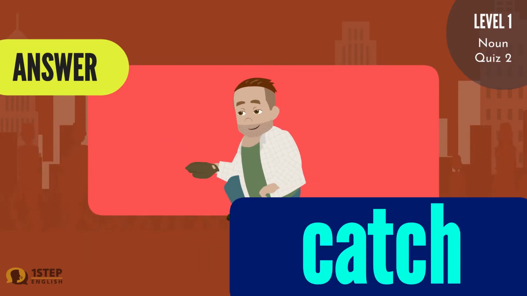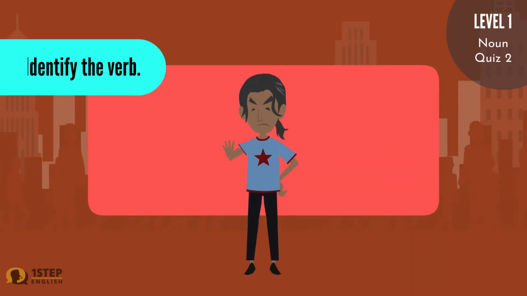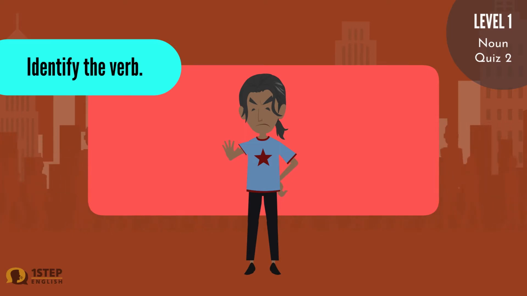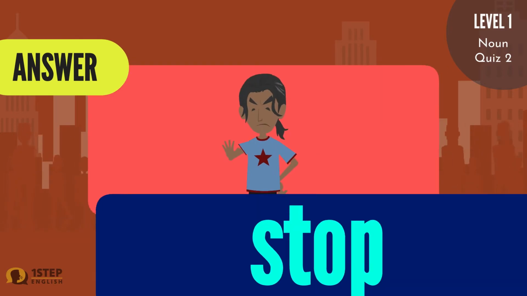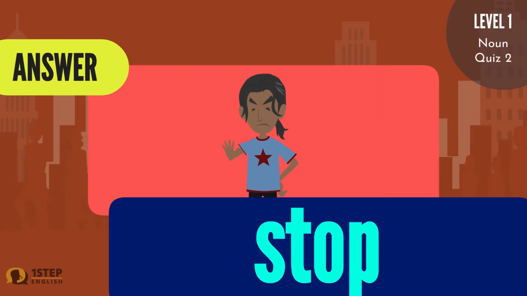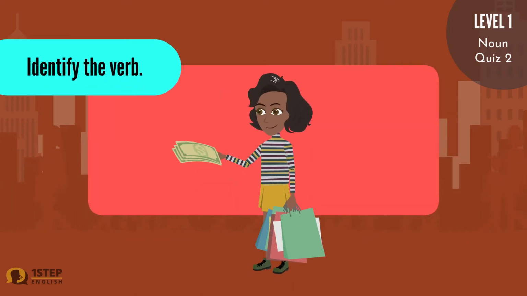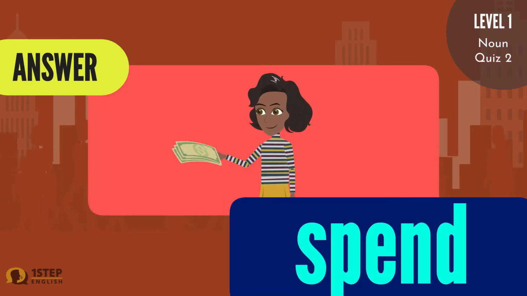The correct answer is catch. What is this action? The correct answer is stop. What is this action? The correct answer is spent.